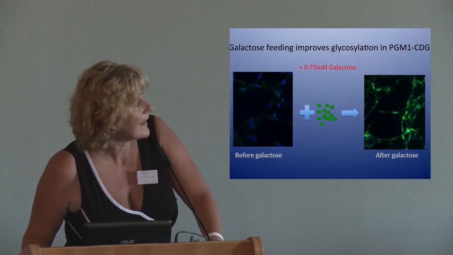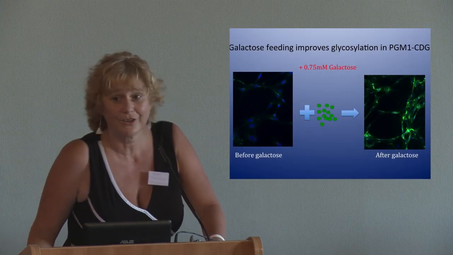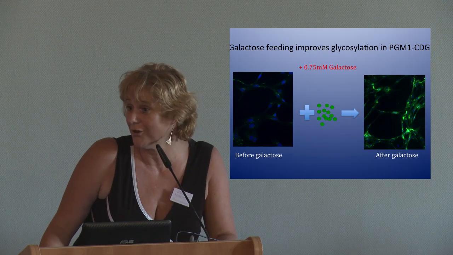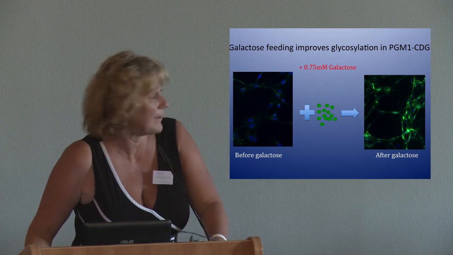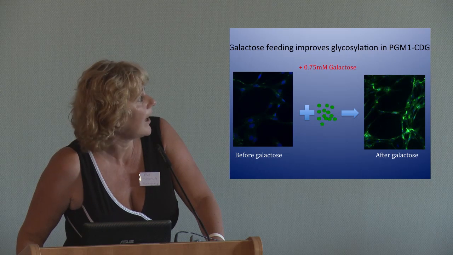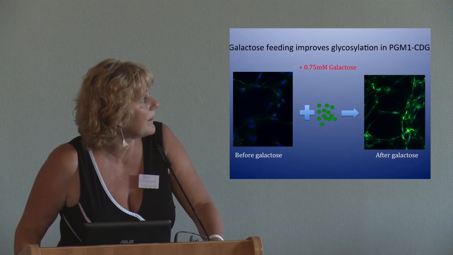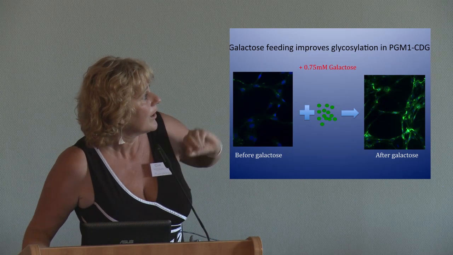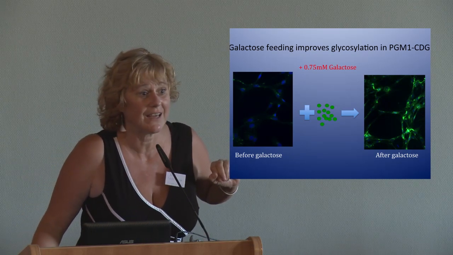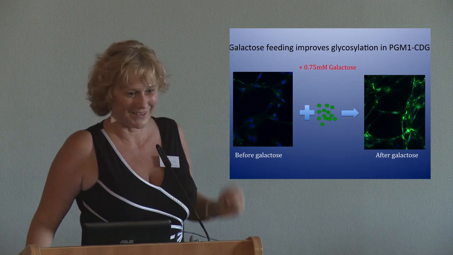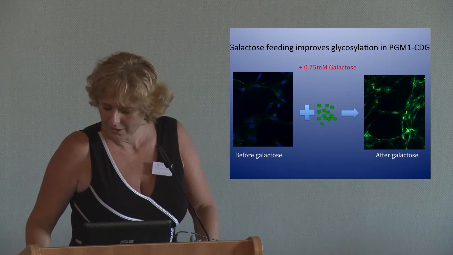So let's give this patient galactose the same way we were giving mannose to the other patient and see what happens. A most simplified way of showing this would be just to go through activated galactose and see whether it would get into the antenna structure.